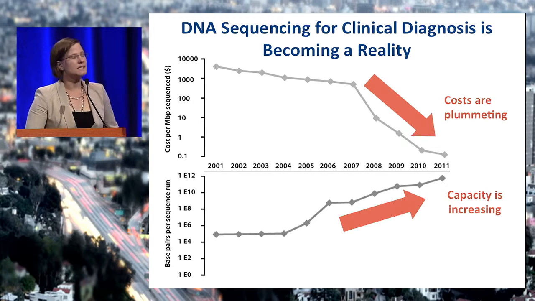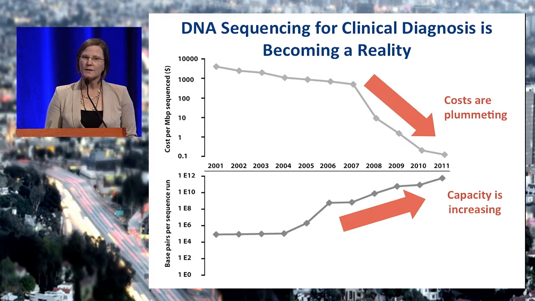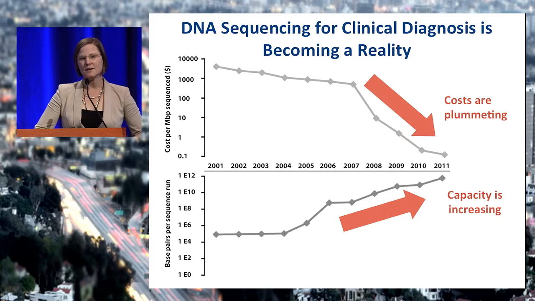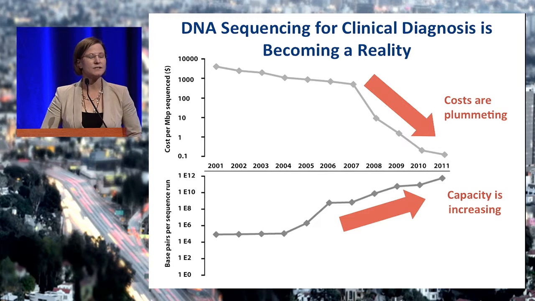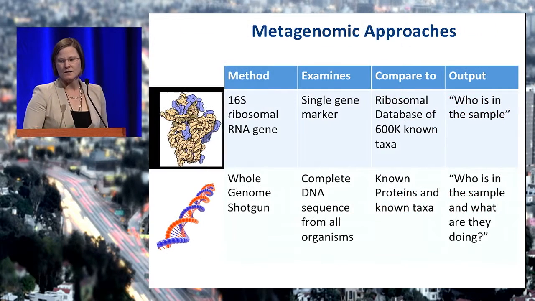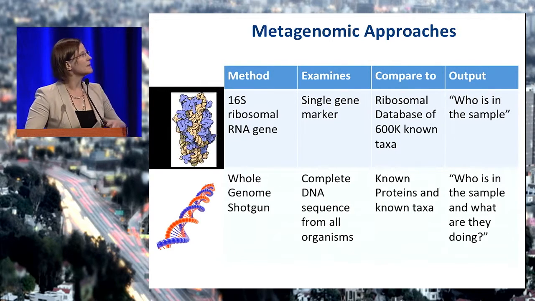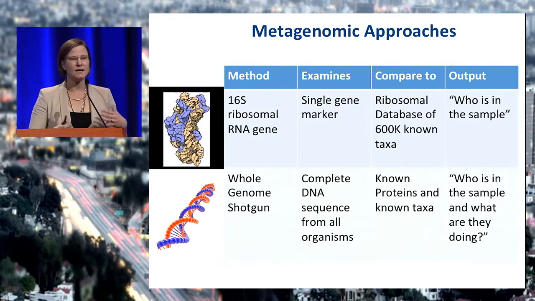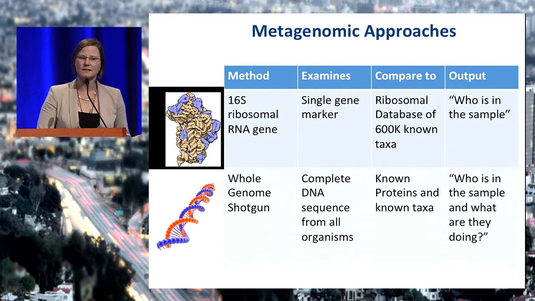And what you can see is there's a really big change in terms of what we're able to sequence and at what cost, which means that as we move to using this technology for clinical diagnosis, it becomes a potential reality. So there are two different flavors of metagenomic sequencing. One is using the 16S ribosomal gene, and that gene is conserved across all prokaryotes, but is not present in eukaryotes.